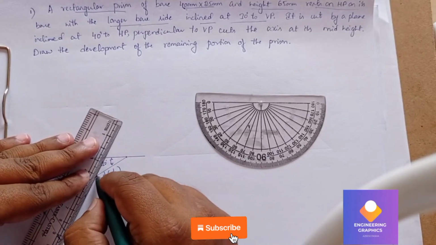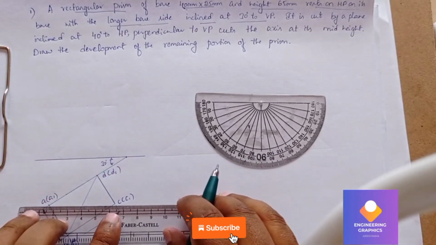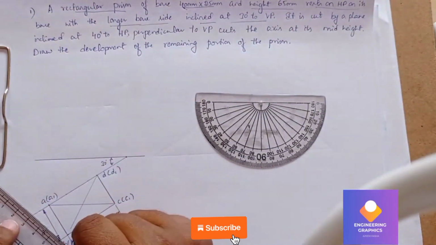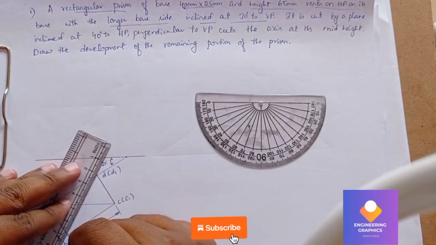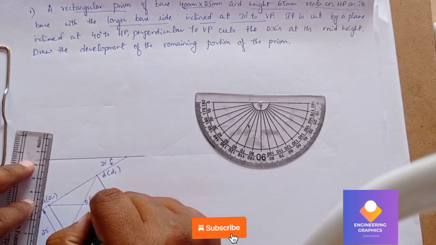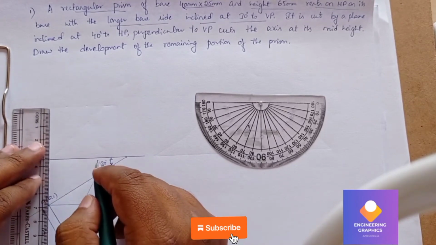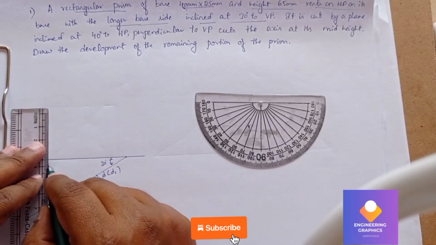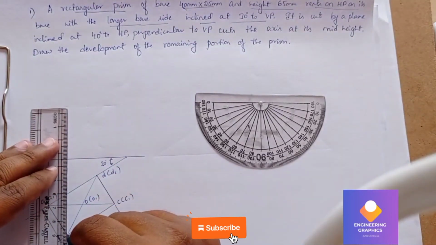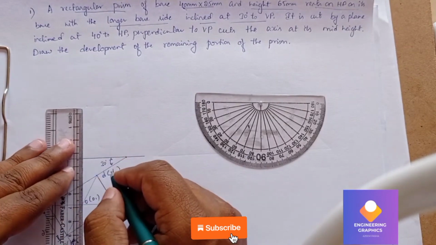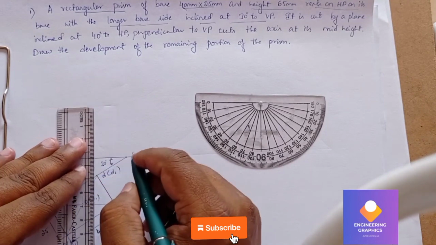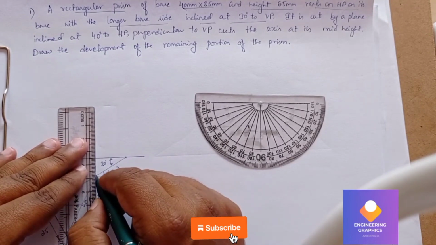Now we draw the diagonals to find the center of the axis of this rectangular prism, that is O, O1. Now we'll project the projection lines to draw the front view. So draw the projection lines here, from all these points.